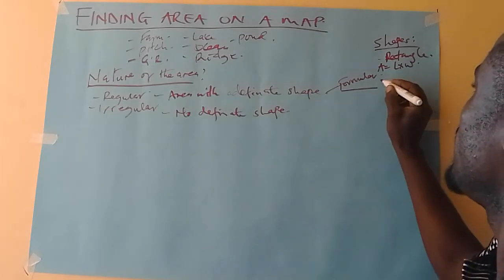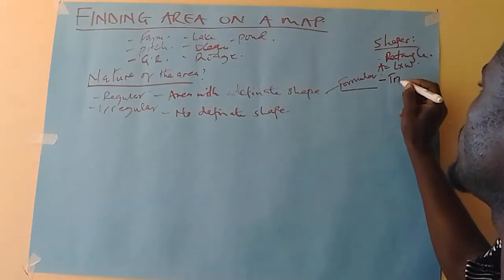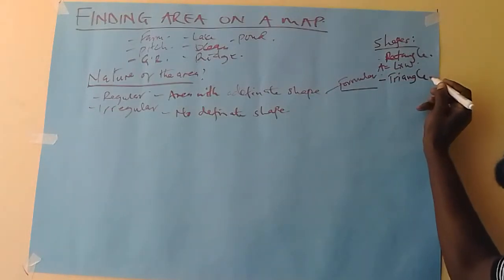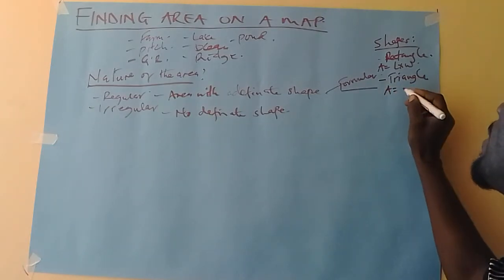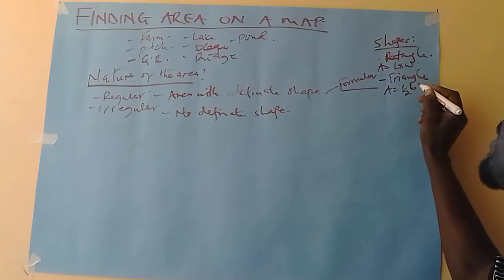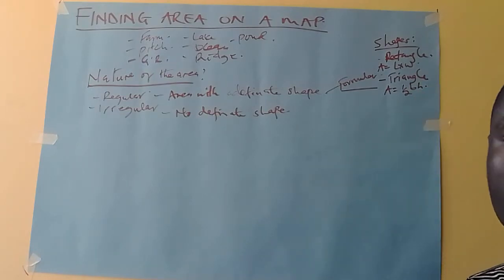The area can be triangular, and we know that the area of a triangle, the formula is a half base times height.